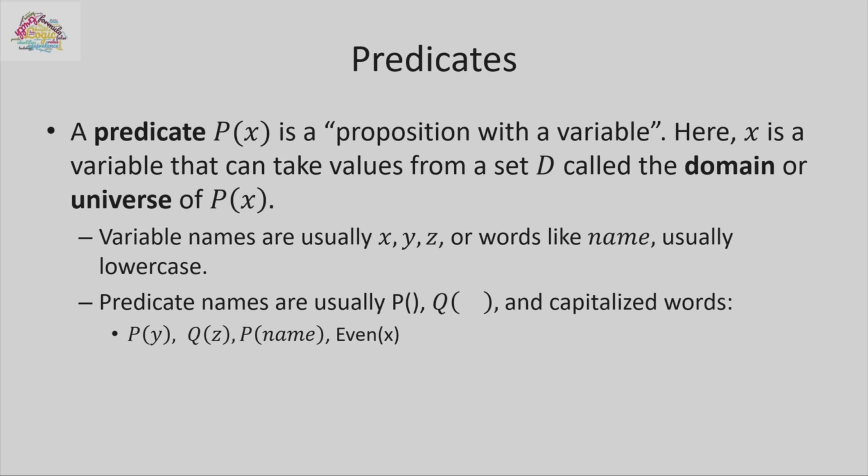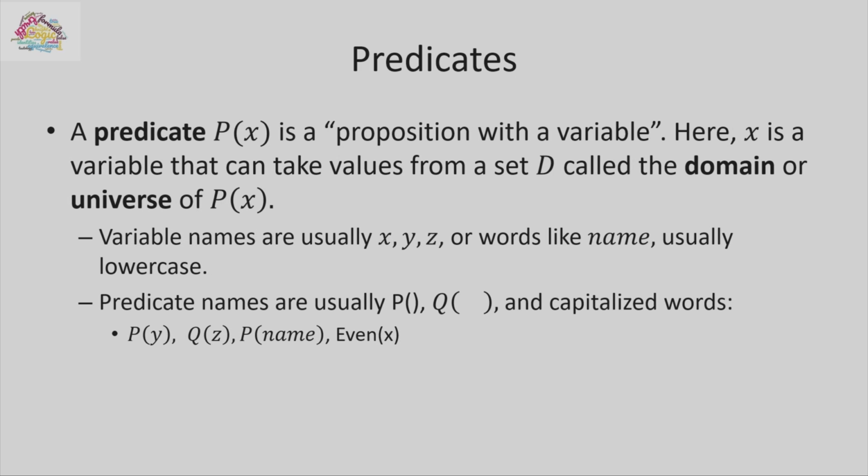So in order to do logic with sets, we will introduce something which will take value true and false, but it will itself have some variables, parameters, and depending on the values of those parameters, which will be numbers, people, and so on, it will have potentially different values.